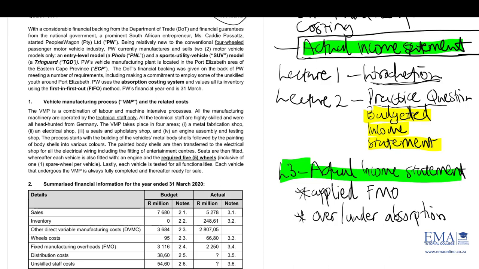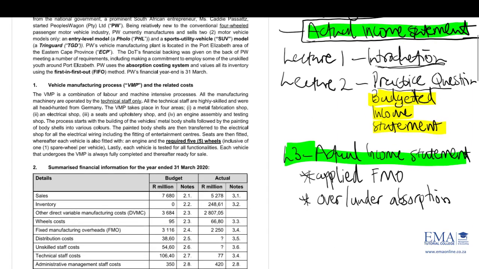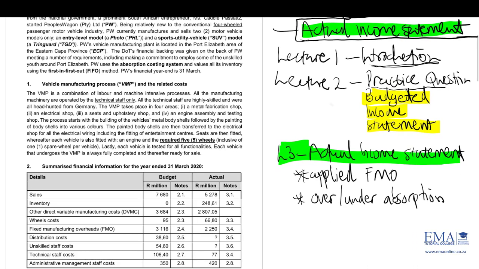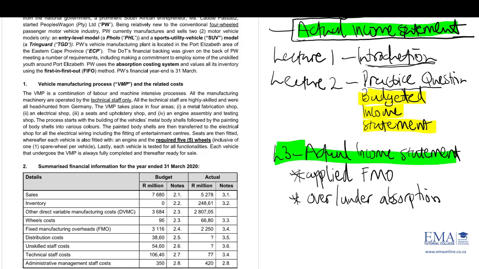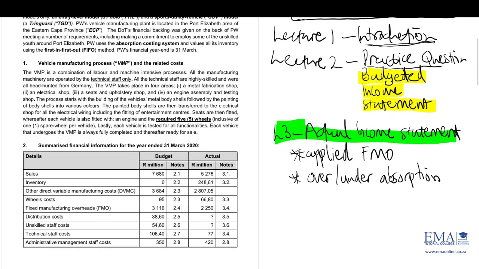So what are the main talking points when it comes to doing an actual statement? An actual statement is not really different from the budgeted statement. There are only 2 areas in which we might need to pay attention, the first one being applied fixed manufacturing overhead.